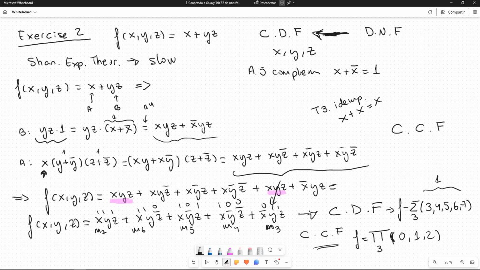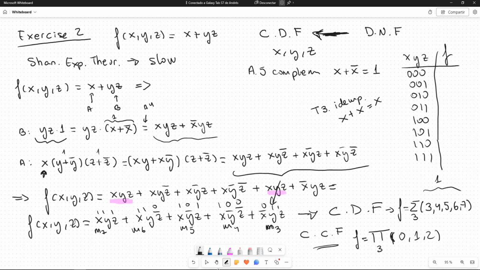And if we build the truth table, I'm going to build it quickly here. Which is the truth table? We can look at both canonical forms. If we use the conjunctive canonical form, we know that in these maxterms the function is 0.